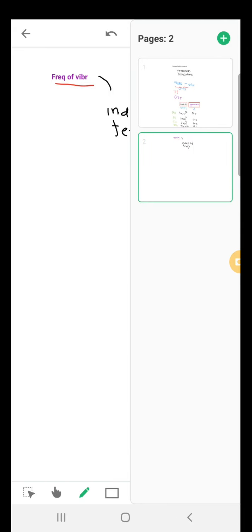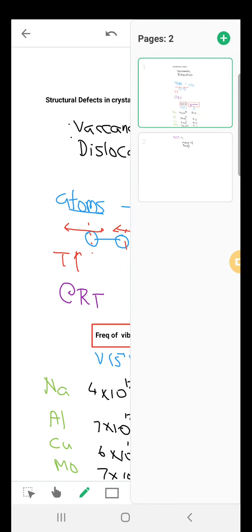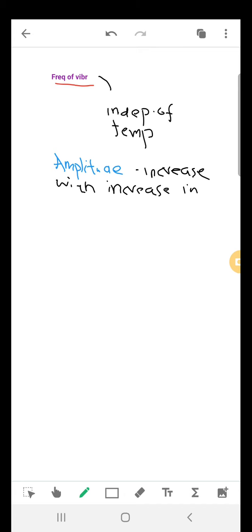However, as you can see here, the amplitude, on the other hand, increases with increase in temperature.